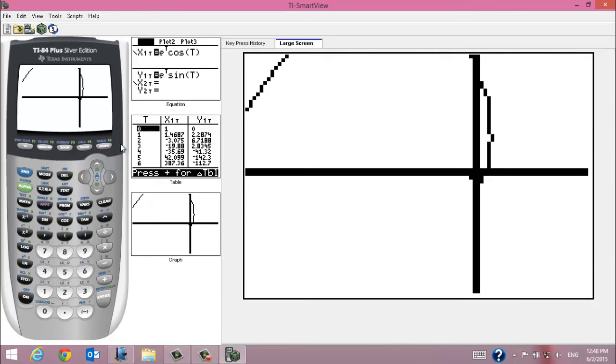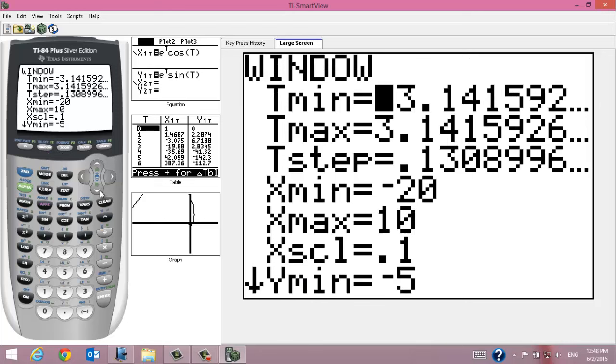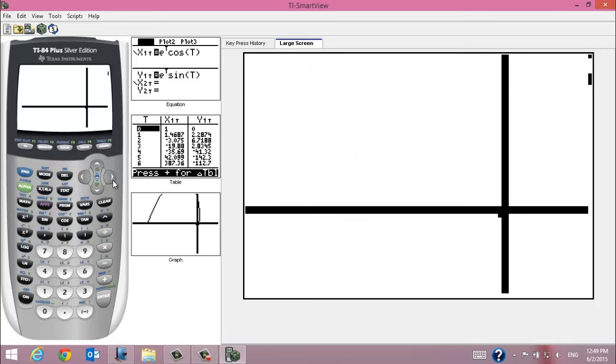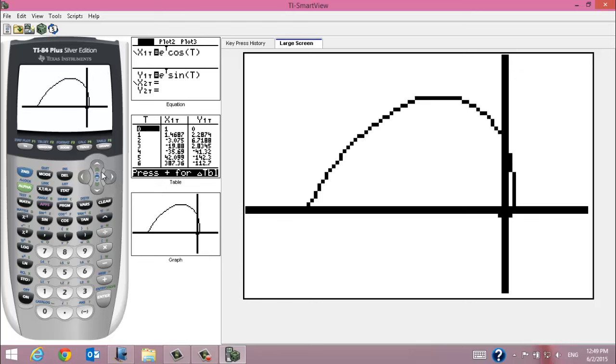Oh, still not enough. Okay, let's change a bit. Y minimum to minus 30. Maximum is okay. Y maximum to 10. Okay, so we press the graph.